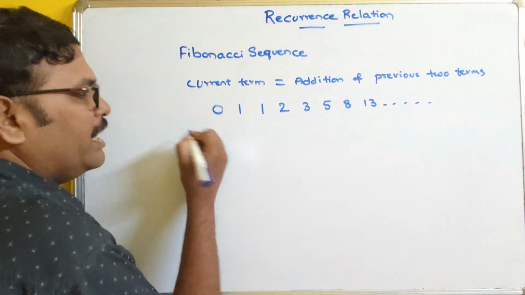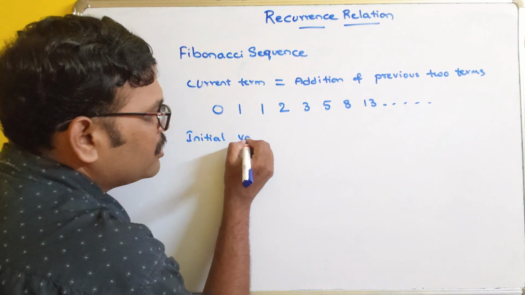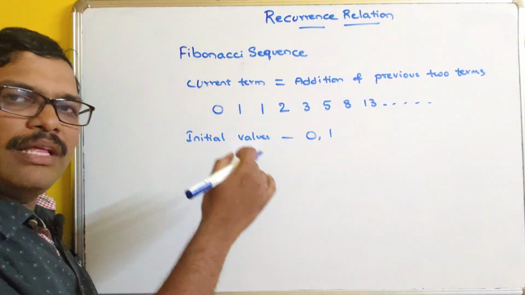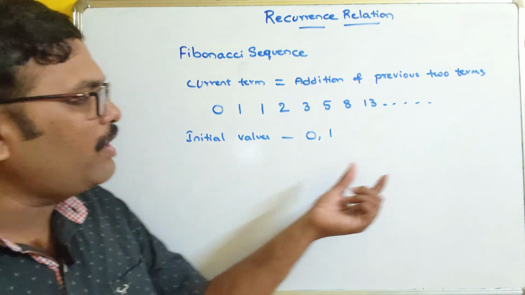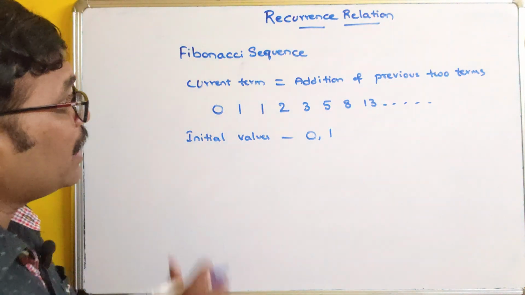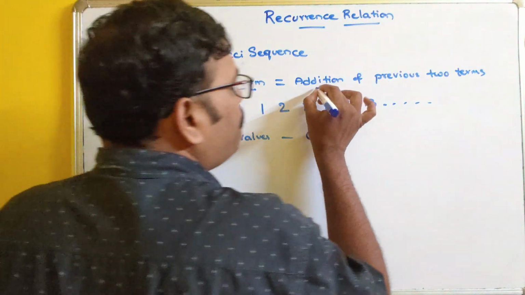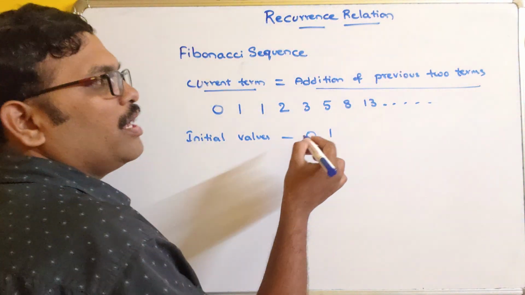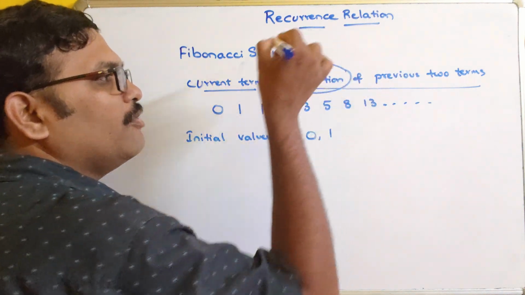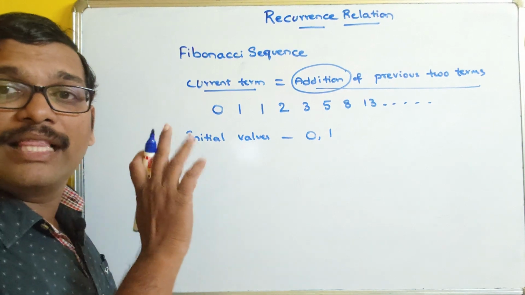See, here the initial values will be there. So the initial values are 0, 1. And from the third term, we have to add the previous two terms. So that means the current term depends upon the previous terms. We are adding the previous two terms to get the current term.